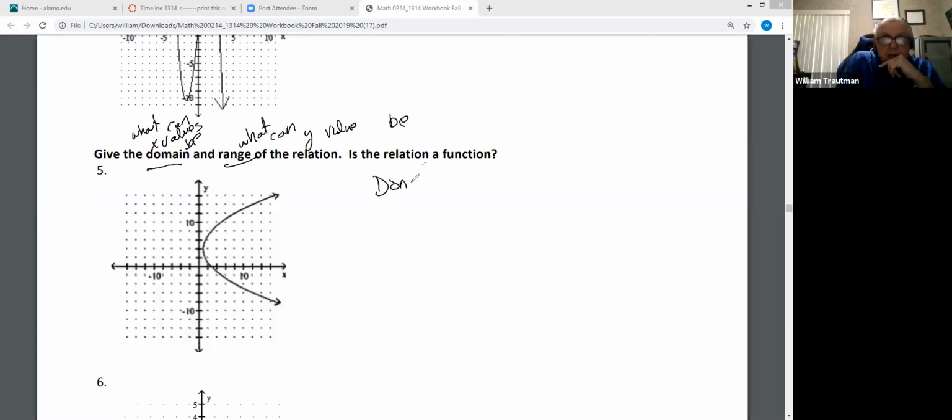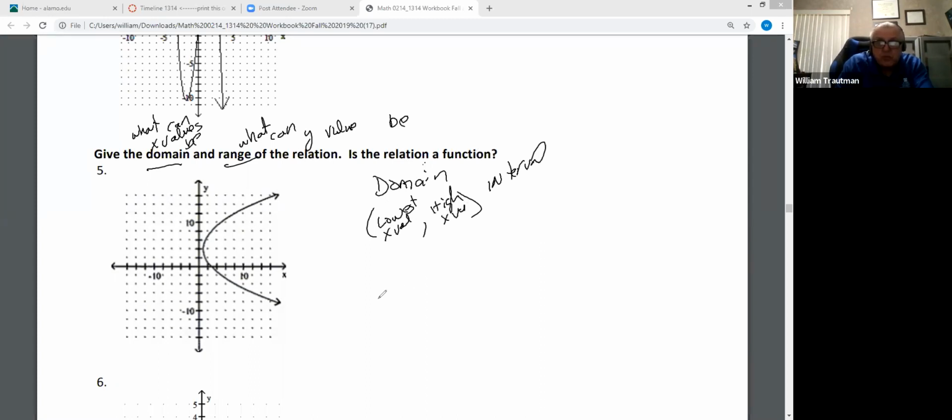So the domain of this function, we always look, it's not a coordinate, it's an interval. We talked about interval notation the other day. And we always look at the lowest X value and then the highest X value.